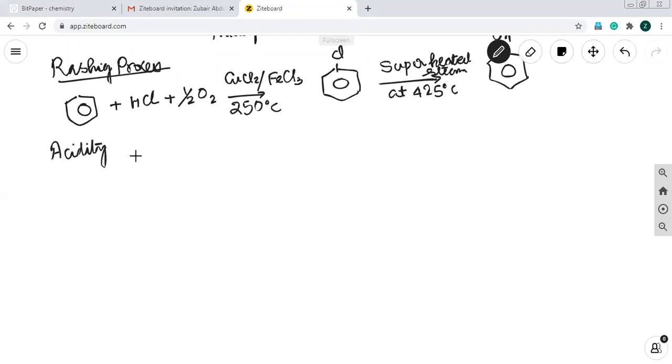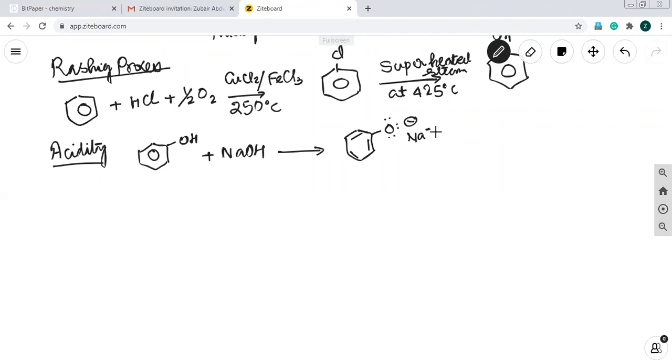If you react phenols with bases, I take a phenol and react it with sodium hydroxide, it will give you the phenoxide ion. And you remember phenoxide ions can be stabilized by resonance, giving sodium phenoxide plus water.